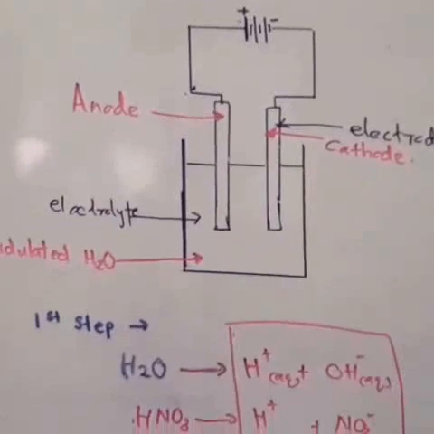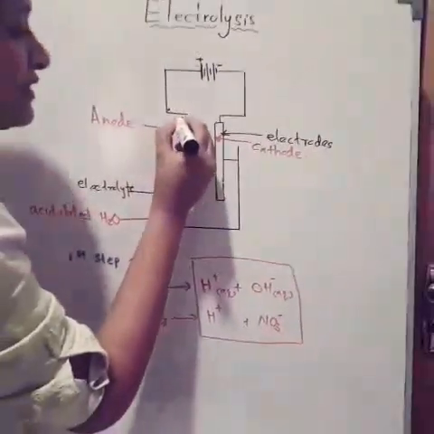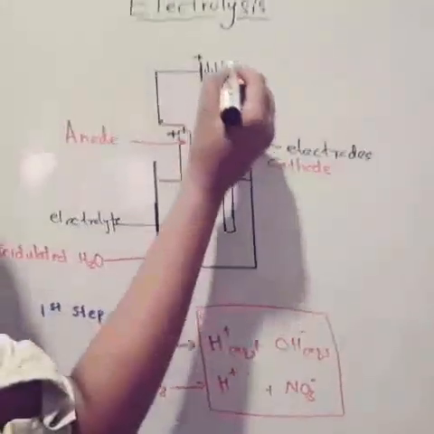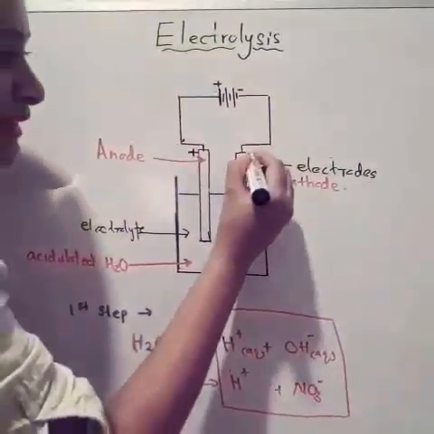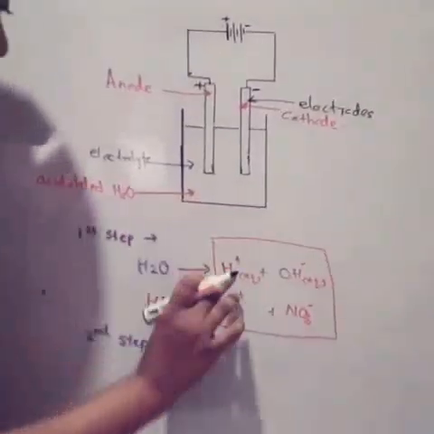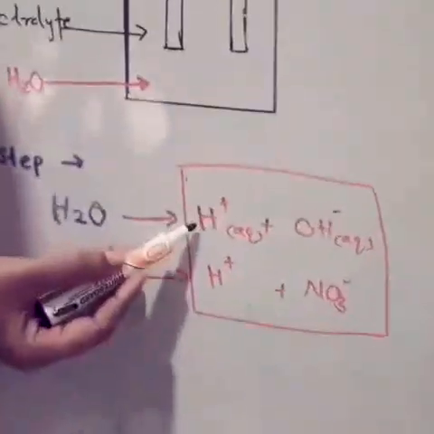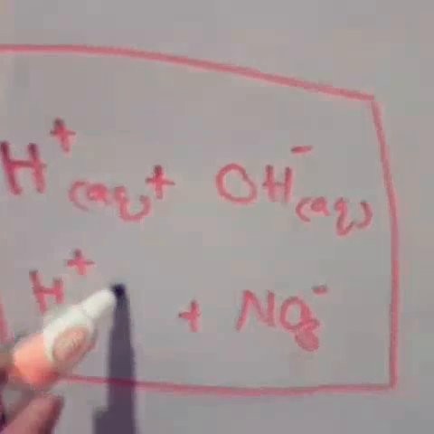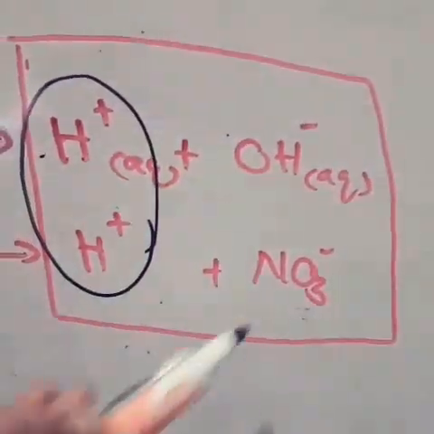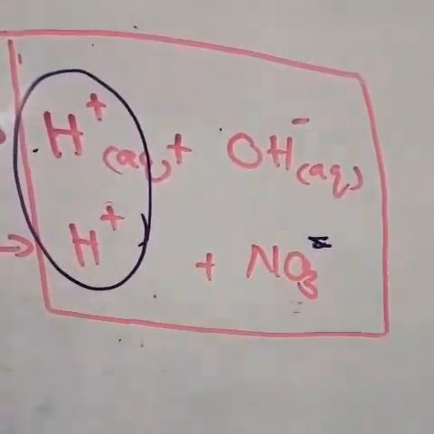The cathode is connected to the negative terminal. Now, what are the ions in the solution? Hydrogen plus ions, OH minus and nitrate minus.